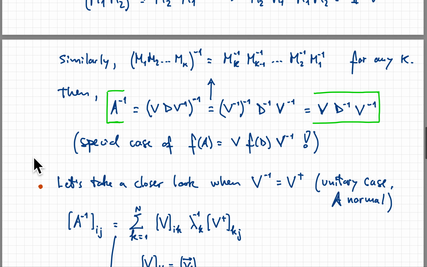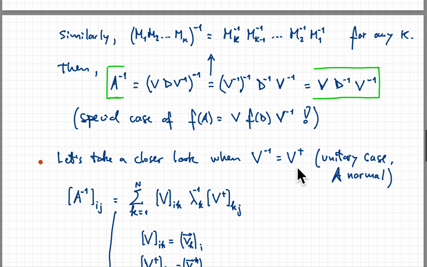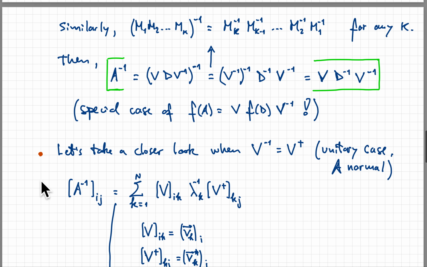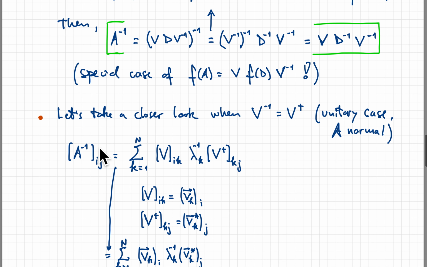Now let's take a look at what things look like when this V inverse happens to be just V dagger, so the case where A is normal and V is unitary. Then the element ij of A inverse is the sum from k equals 1 to n of V element ik, lambda k inverse, V dagger kj.